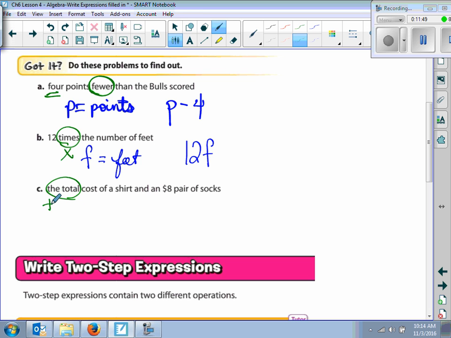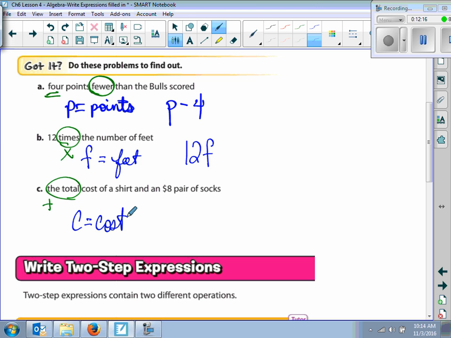So the first thing we need to do is define our variable. What do you want your variable to be? Because we're looking for cost, we're going to write C is equal to cost.